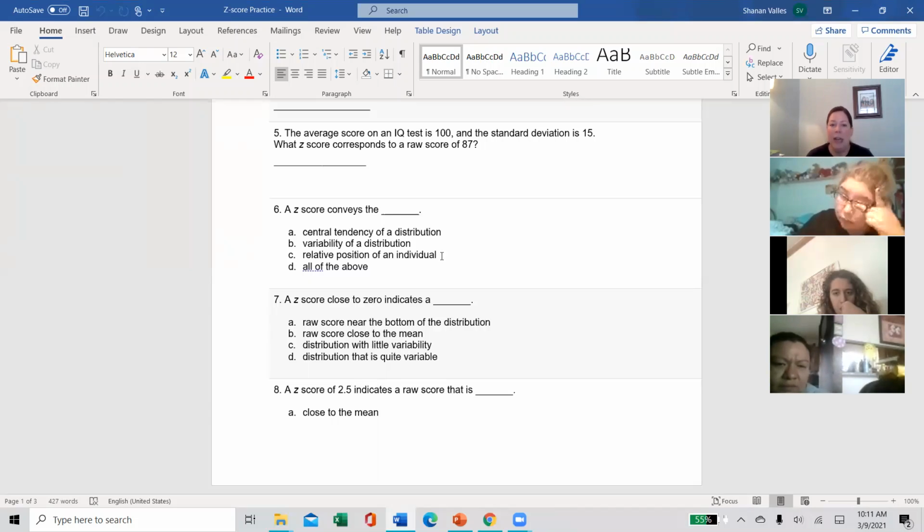Z-scores are how people are standardly deviating from the mean. But this next one, the relative position of an individual, is kind of confusing because you're like, what? But that's what a table or a Z distribution is. It's letting us know where these individuals are on a Z-score relative to each other. So yes, it is C. That one is confusing, but yes.